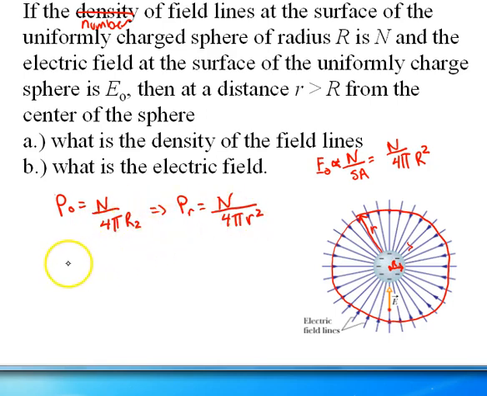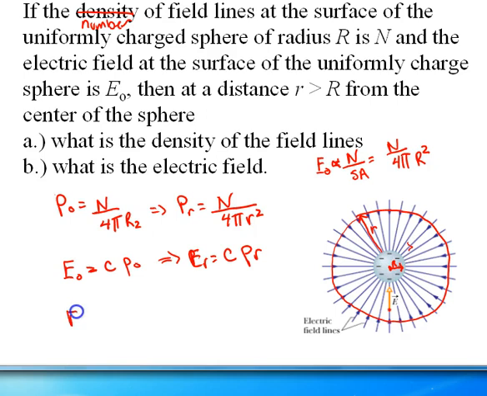So our electric field then, if E naught is equal to some constant, we'll call it C, times density naught, then E at capital R is going to be that same constant C times density at R.